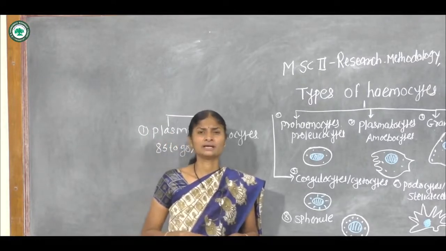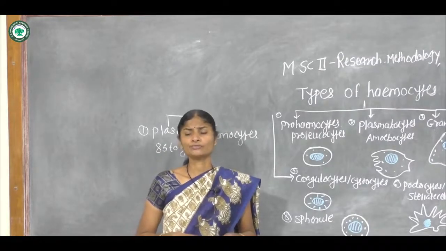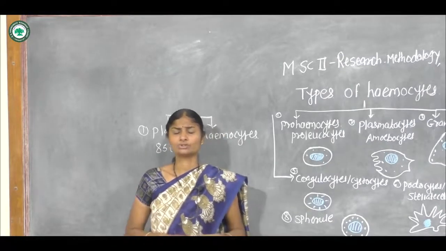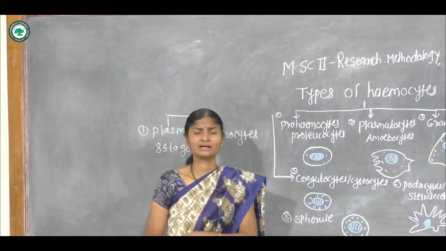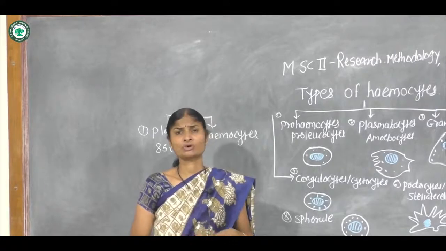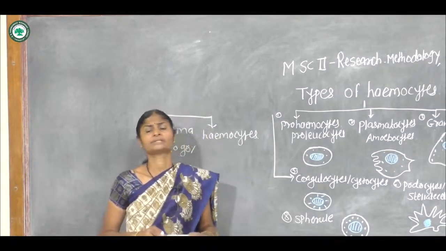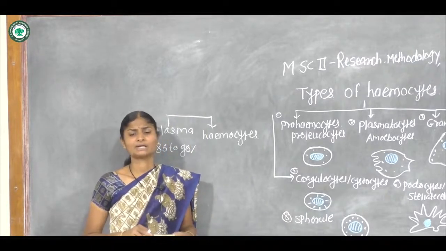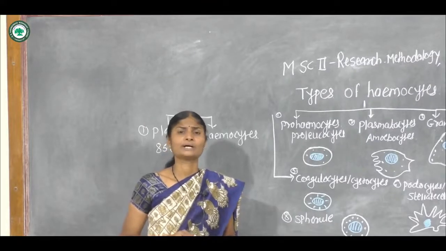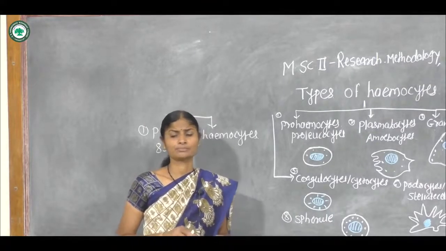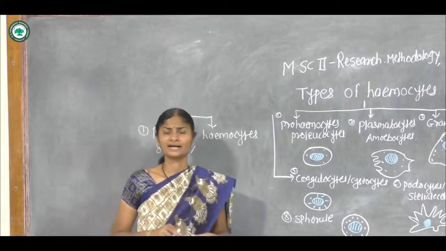Green color may be present due to chlorophyll dissolved in the plasma, and red color due to the presence of hemoglobin in the hemolymph. This plasma also contains a high concentration of amino acids, proteins, sugars and inorganic ions.